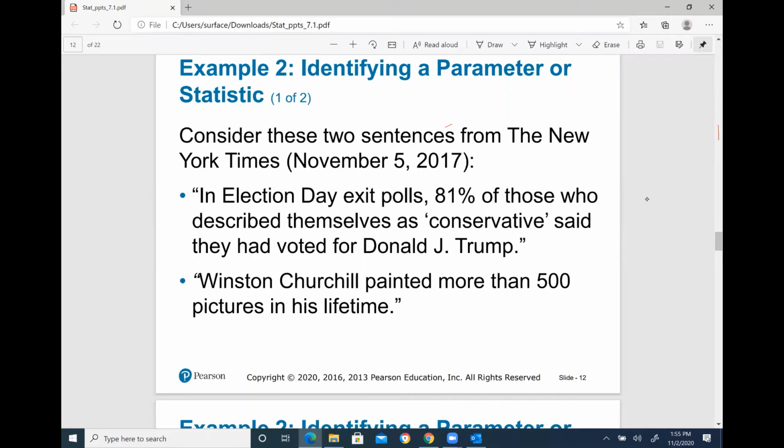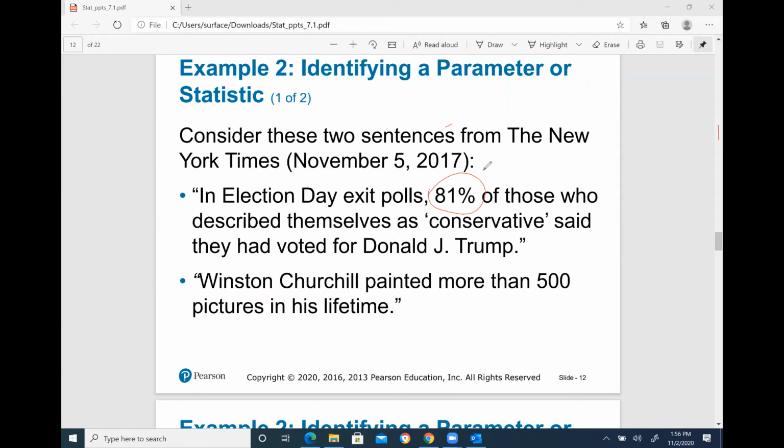Here we are identifying parameter or statistic. A parameter usually matches up with populations, and a statistic goes with a sample, right? So right here, they gave us a percentage. They don't have an actual number, an actual value. And here in the exit poll, 81% of them said that they had voted for Donald Trump.